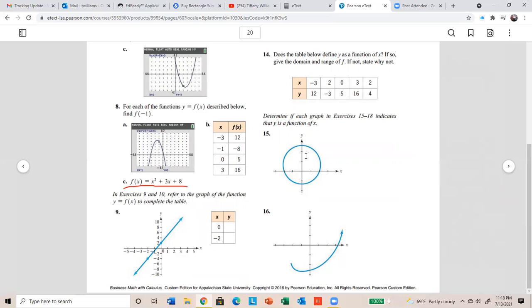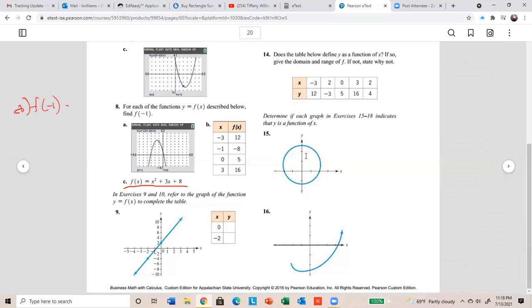So let's work with the graph first. So f of -1. Now the problem that we just did, remember I said that whatever's in that parentheses there, that's telling you what your x value is. So you want to figure out what your y value is that is associated with that particular x value. So looking at the graph, this will be part A.